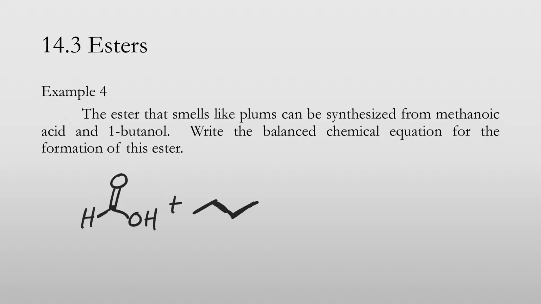So if I were to fix this a little, I'm going to make the alcohol right here just because it makes it easier to see all this. And I'm going to change this to blue. All right, so now there's 1, 2 carbons, 3, and 4. All right, this is 1-butanol.